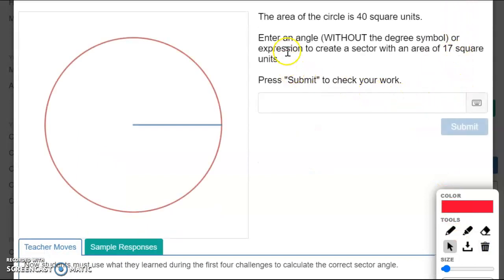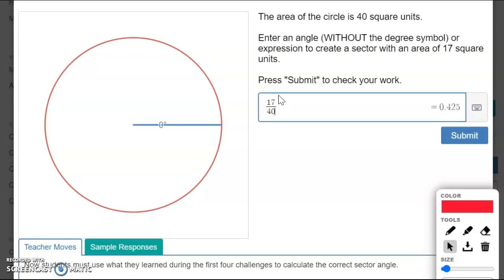Now the area of the circle is 40 square units. I know that the whole circle is 40. Enter an angle without the degree symbol or expression to create the sector with an area of 17 units. So I want 17 out of a possible total of 40. And I know that the whole circle is 360.